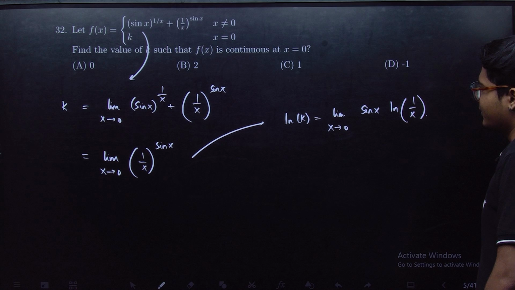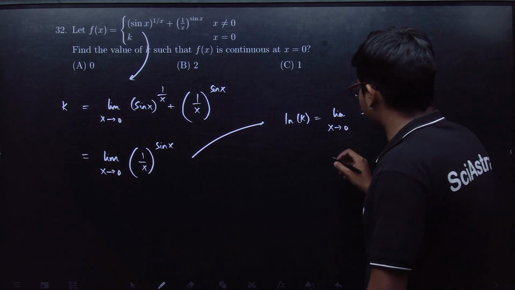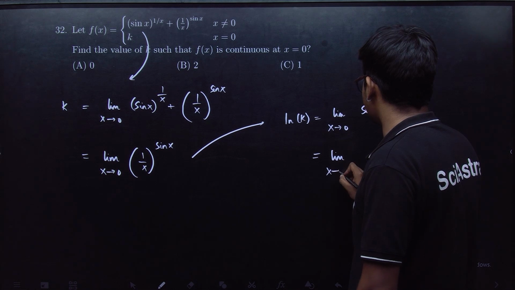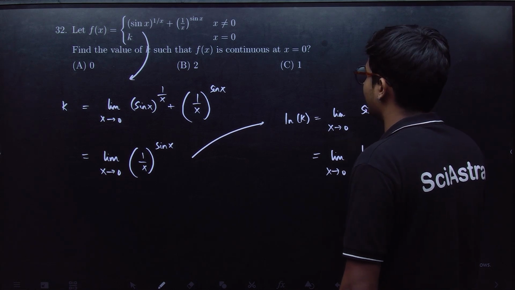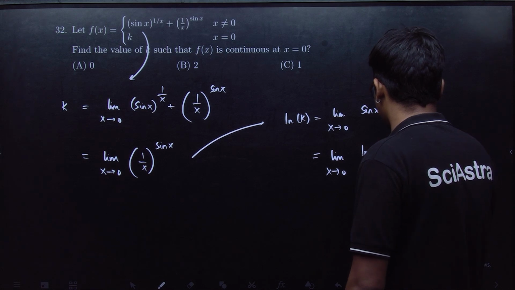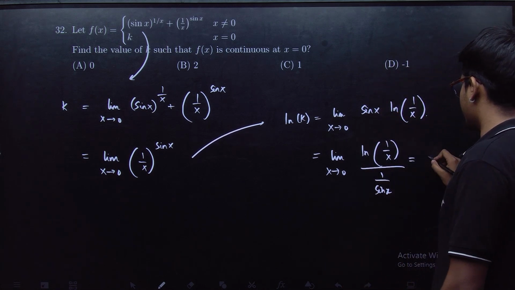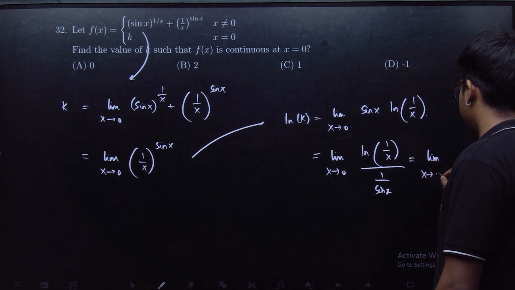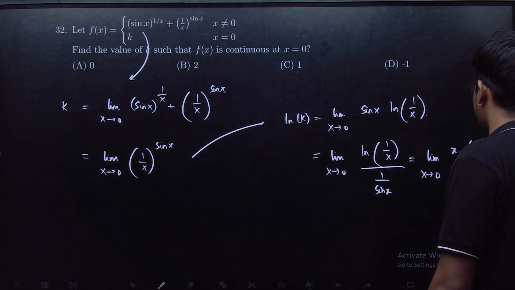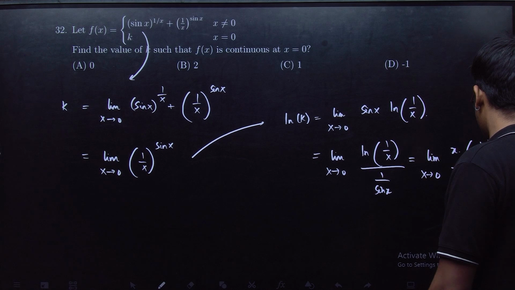Now this can be rewritten as the limit as x goes to 0 of ln of 1 by x divided by 1 by sin x, which when you differentiate is going to give you the limit as x goes to 0 of: derivative of log of something is 1 by this, so x times minus 1 by x square, divided by minus 1 by sin square x times the derivative of sin x, which is cos x, right?